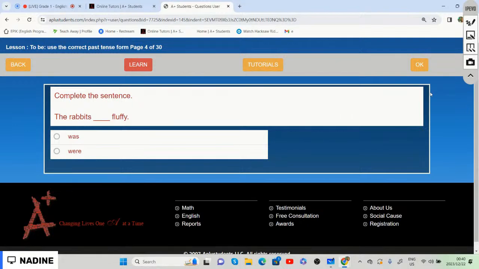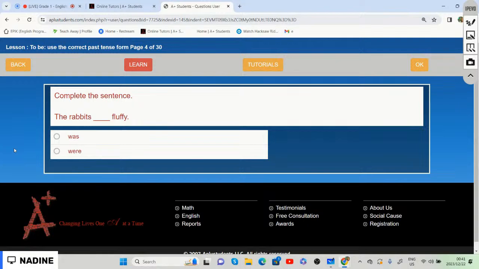So the rabbits, right? We are talking about more than one rabbit.